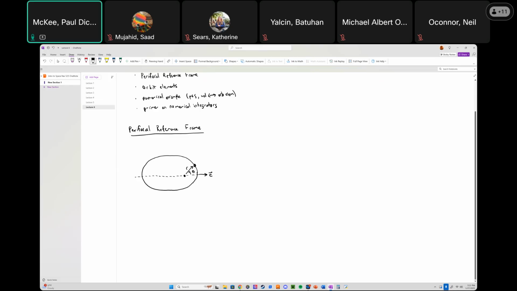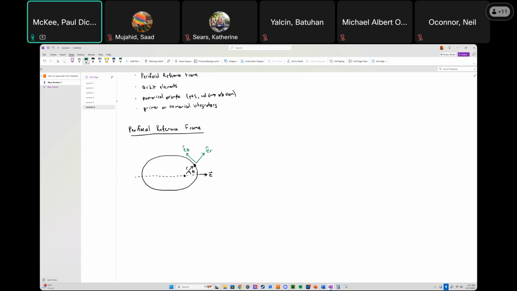Okay, great. Now I'm going to introduce two new frames here, and the first one, green for this one. This is the orbit frame, which has basis vectors e_r and e_theta. I think we actually talked about these in an example in the last lecture, but I want to formalize it a little bit. e_r points radially away from the central massive body through the spacecraft or the orbiting body.